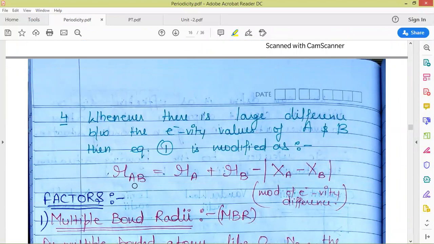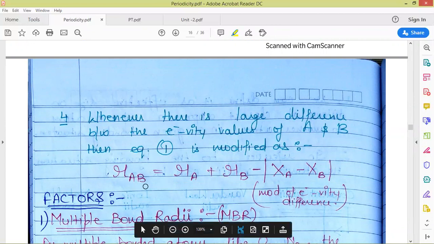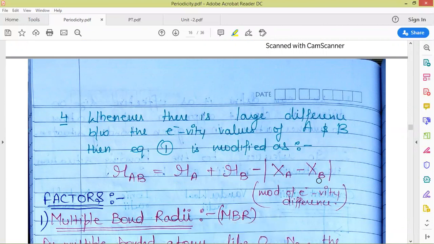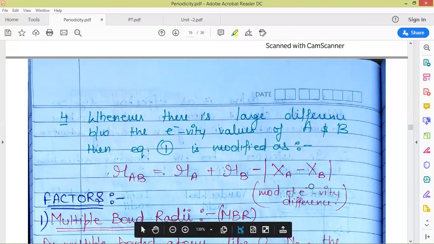The equation 1 which we have studied so far is RAB equals RA plus RB. In that equation we introduce another term, so it becomes RA plus RB minus mod of Xi A minus Xi B, where Xi A and Xi B are the electronegativity values of A and B, and the mod of the difference means that this value is going to be positive.